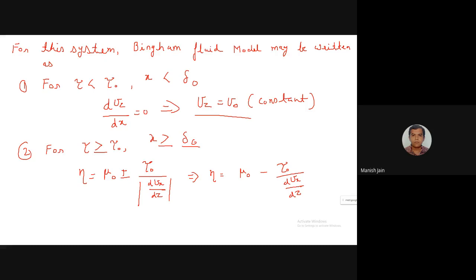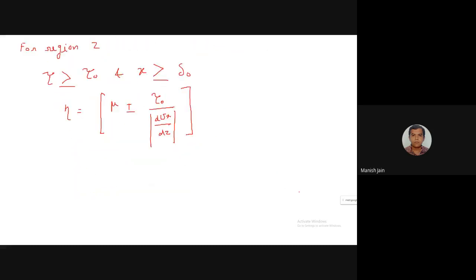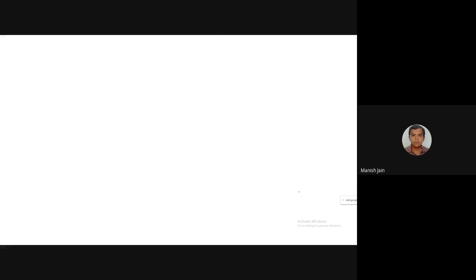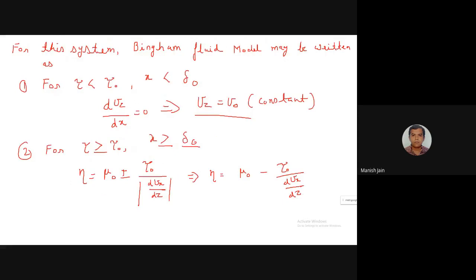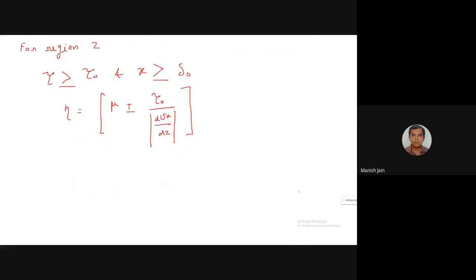Now just substitute this in the original equation. Okay, so we have written in the wrong place. Basically, here we have to write. So once you remove the sign, because dvx by dz is negative, eta should be equal to mu minus tau naught divided by dvx by dz.